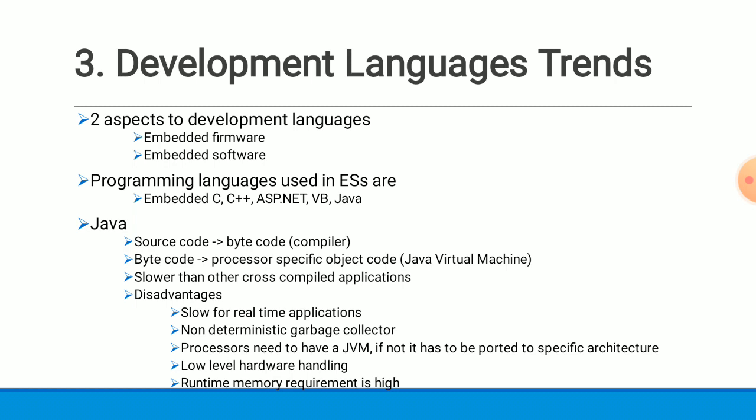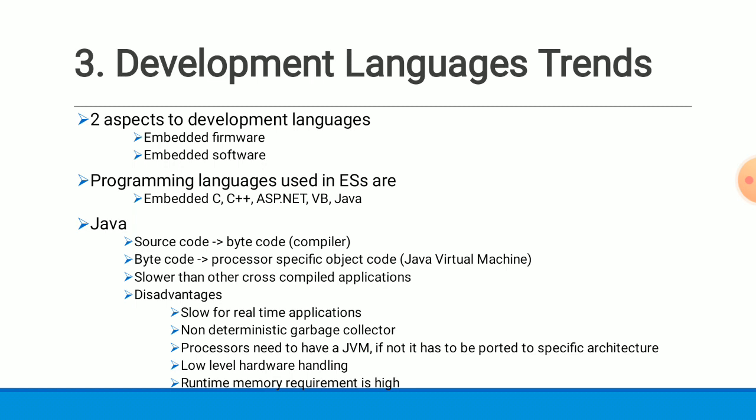Okay, so if the processor doesn't have JVM, it's required to port for the specific processor architecture. Okay, so the processors need to have a built-in version of JVM, otherwise it should be ported to a specific processor architecture.